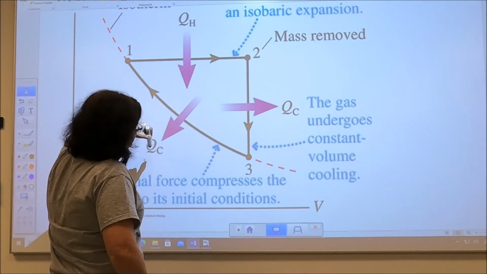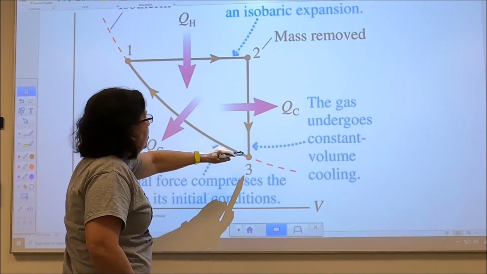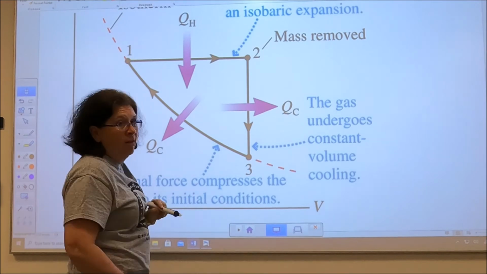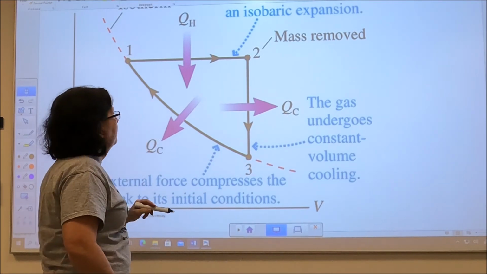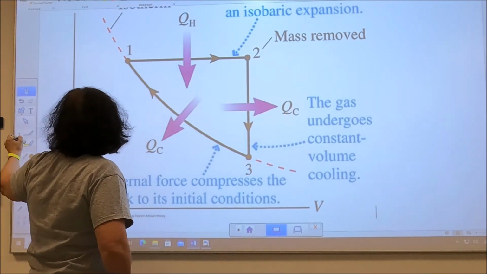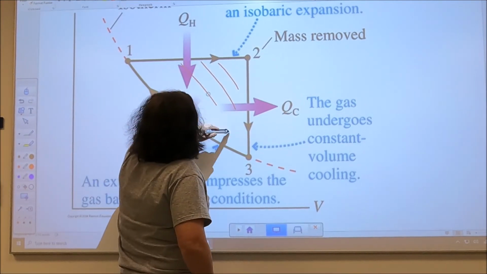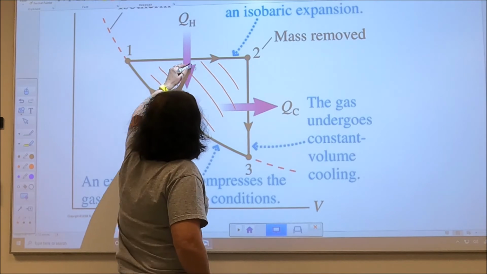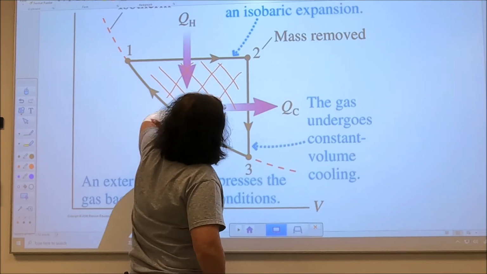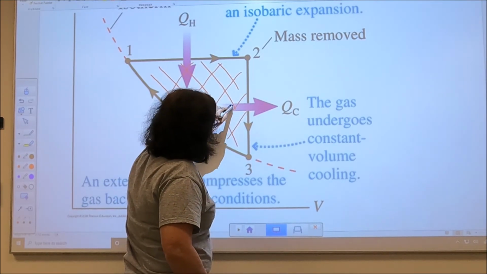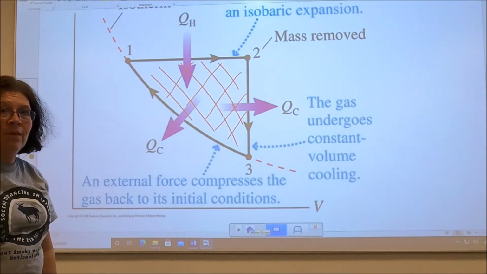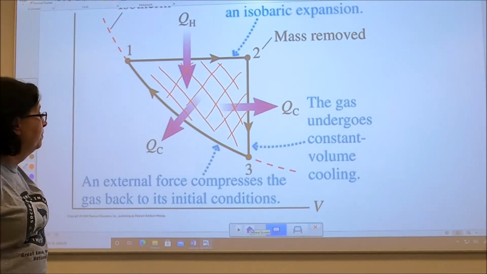Heat energy is flowing out to the cold reservoir, and we're actually having to do work on the system to compress it back. The area inside the curve here, that's your net work out of the system, the area inside the curve.